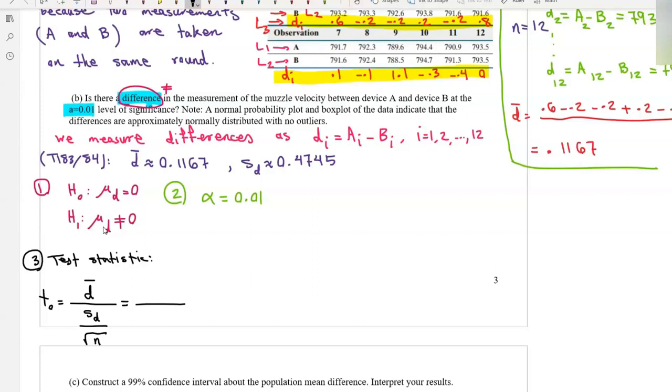We rounded these numbers, but if I write this equal to instead of this, that is totally fine. So 0.1167 over 0.4745 over square root of our sample size, 12. I run this part here and I got 0.852.